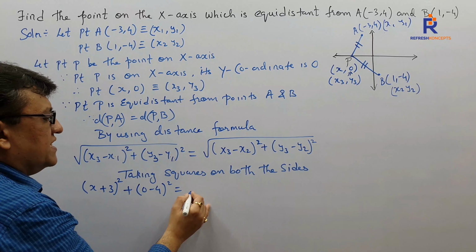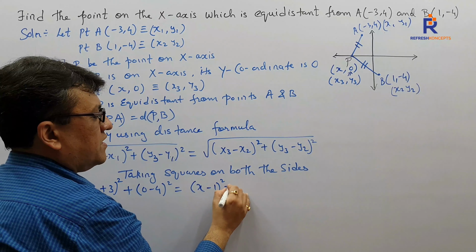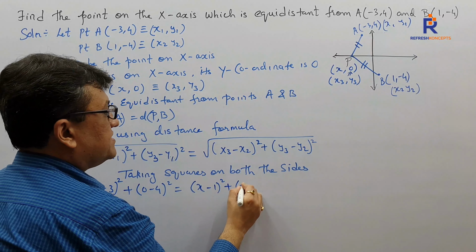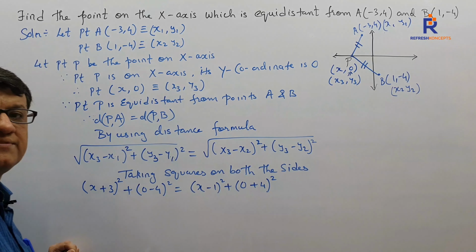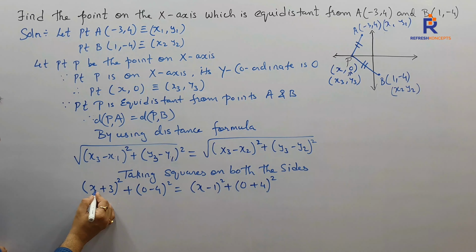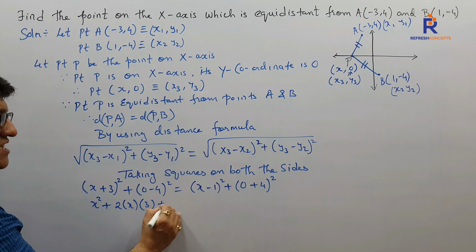What is x3? Once again, x minus x2, that is minus 1 the whole square. Plus, what is y3? 0 minus of minus 4, the whole square. Right? A plus b the whole square, what is it? A square plus 2 into a into b plus b square.